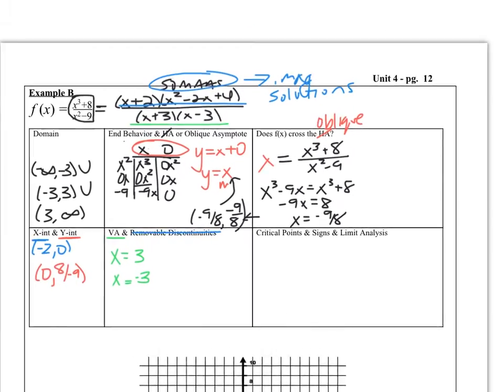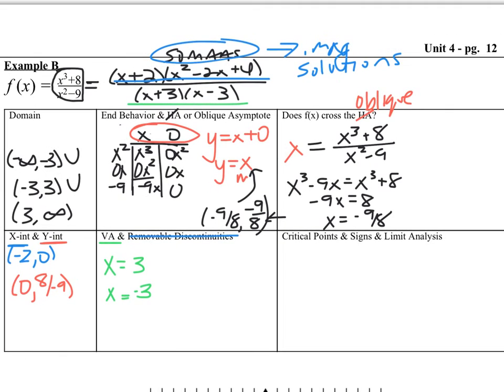This one, because I have so much going on, I'm actually going to just plug in some values to the numerator and plug in some values to the denominator. But I'm still putting my normal critical values: my x-intercept of negative 2, and my vertical asymptotes of 3 and negative 3.